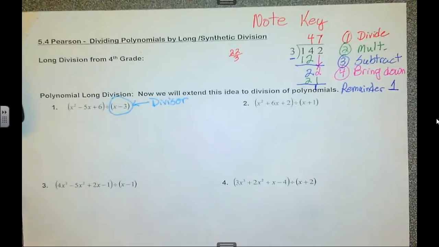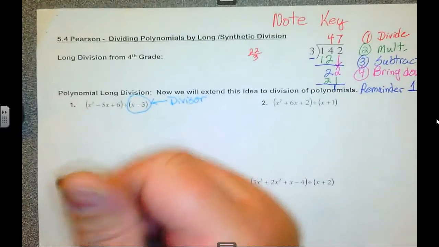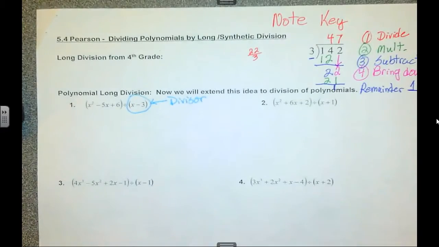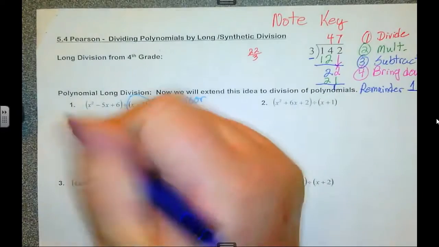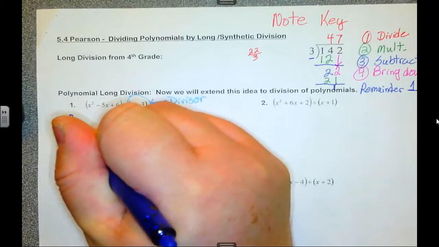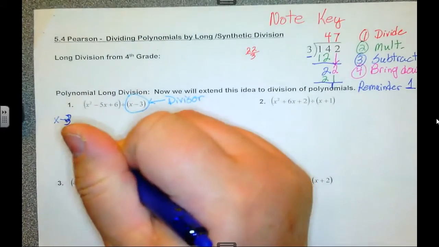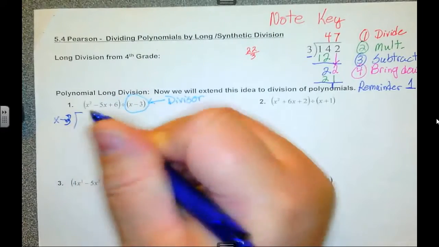The divisor is going to be x minus 3. So I have x minus 3. It's going to divide into.